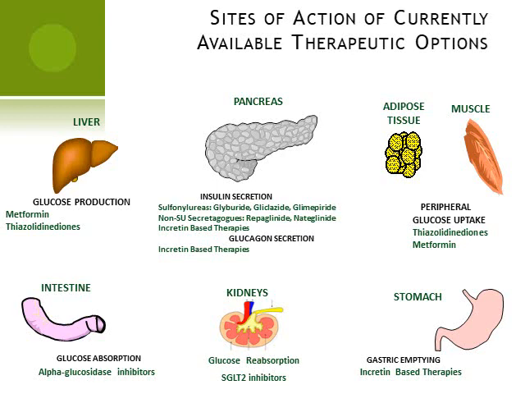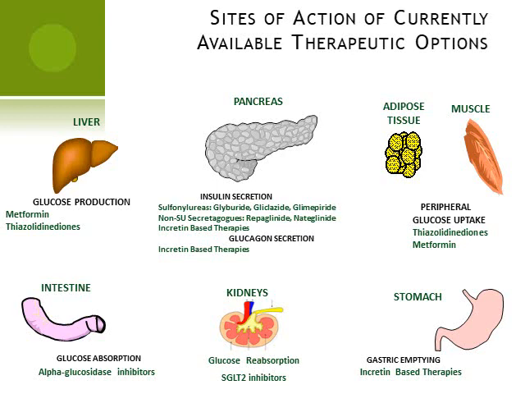So the agents which act upon the pancreas are sulfonylureas, non-sulfonylurea secretagogues, and incretin-based therapies. The agents which act on the liver are metformin and thiazolidinediones. The agents which act on peripheral tissue are primarily thiazolidinediones and secondarily metformin.